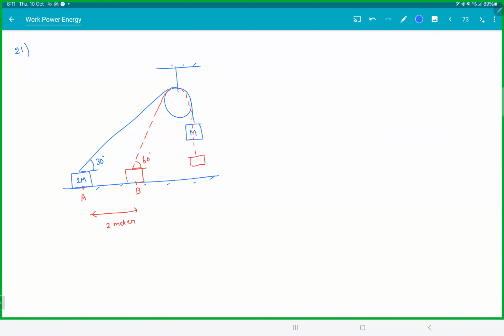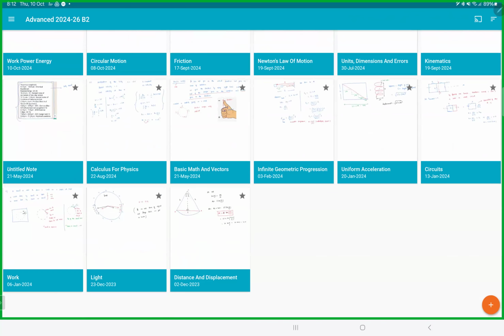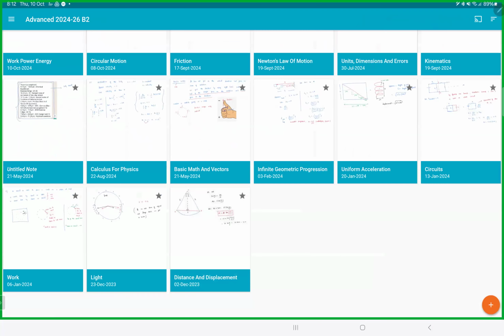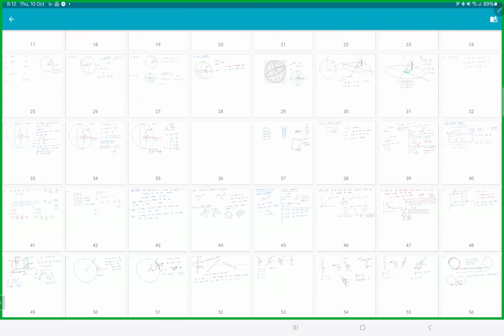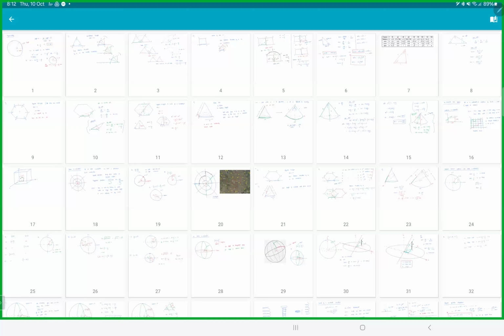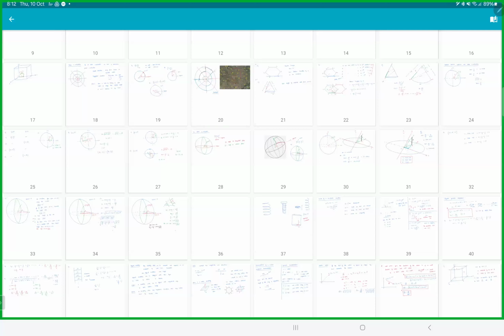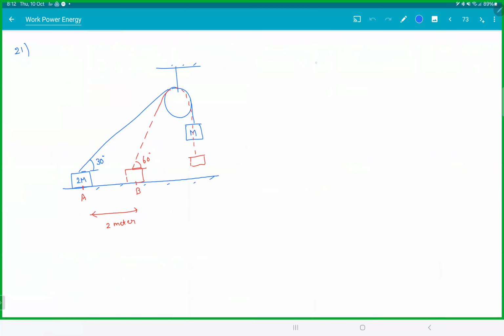Anyone remembers this question? I think we did this in foundation, if you remember. We did this in foundation. So block is released from rest.